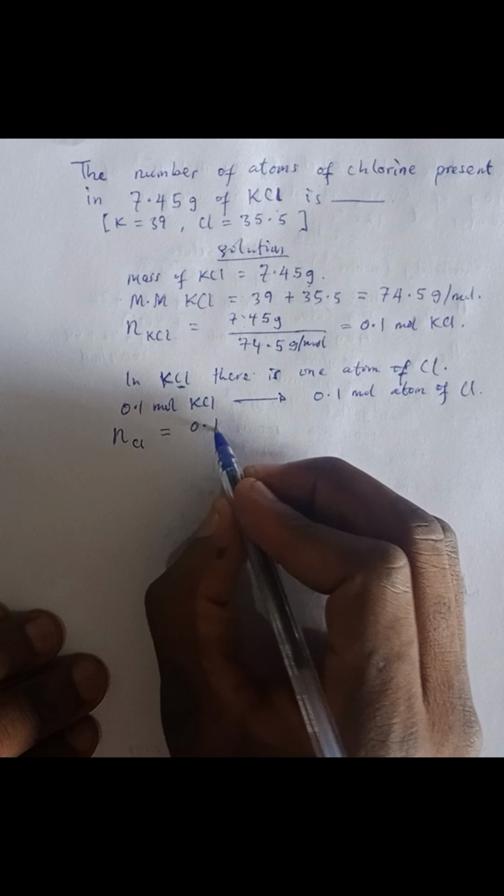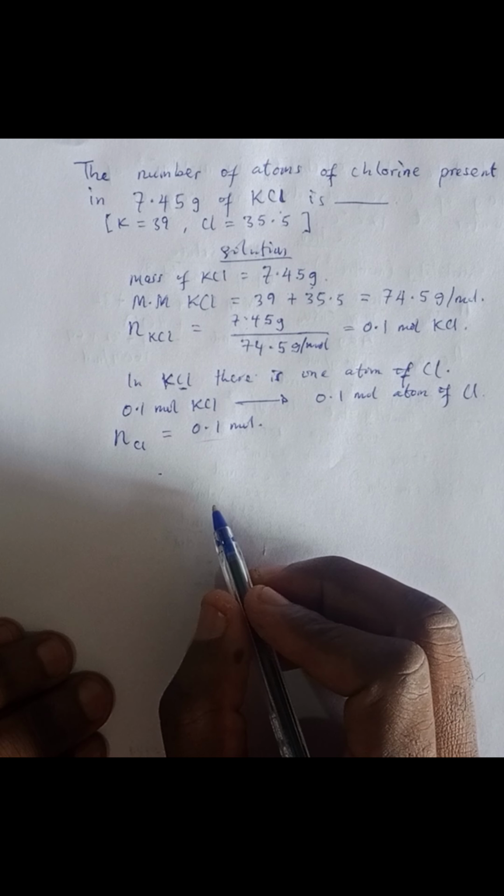Now we are not done yet. The question is about the number of atoms, the number of atoms of chlorine. This is the mole of chlorine present in this amount of KCl. How are we going to know the number of atoms that are present there?